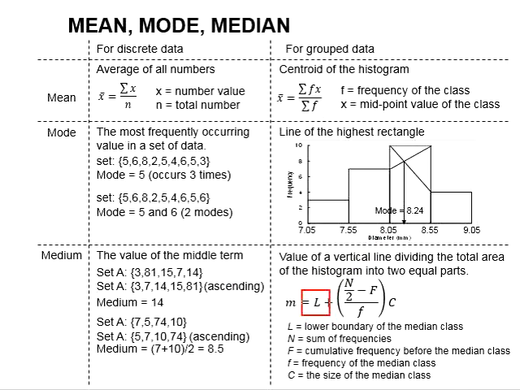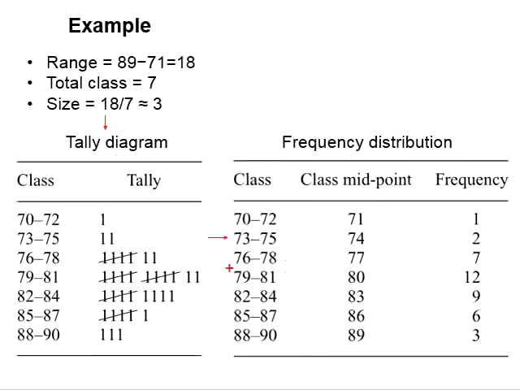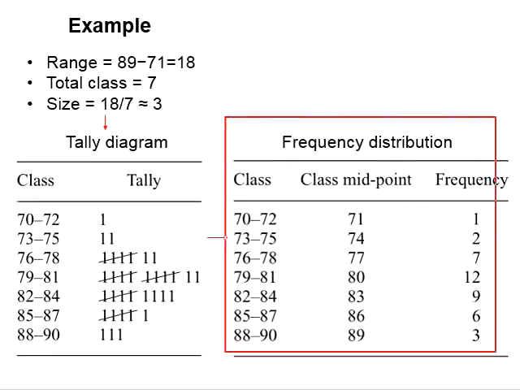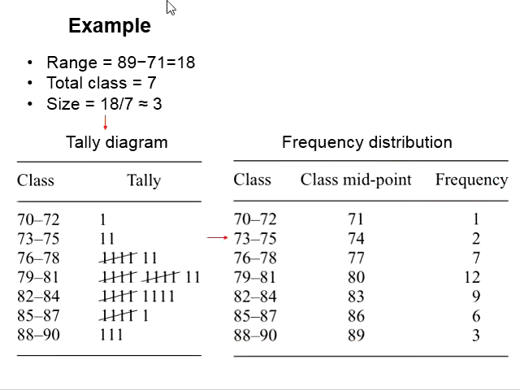The L here refers to the lower boundary of the median class, which is the average of 78 and 79, equal to 78.5. The N here represents the sum of the frequency. The big F here refers to the cumulative frequency before the median class. Take this as an example again. This will be the median class.